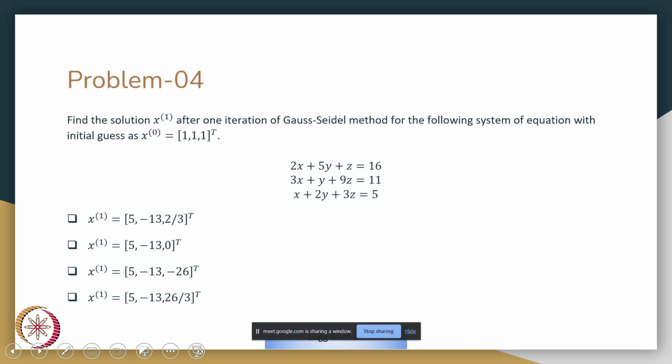Now we move on to problem number 4, which asks us to find the solution x of 1 after one iteration using the Gauss-Seidel method.